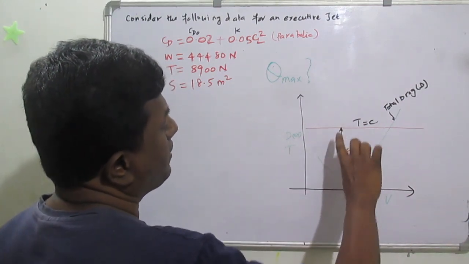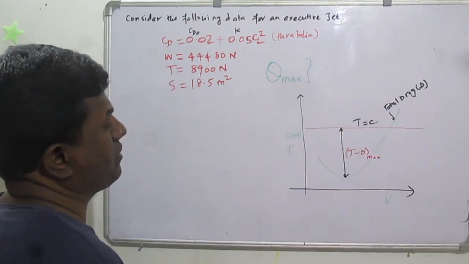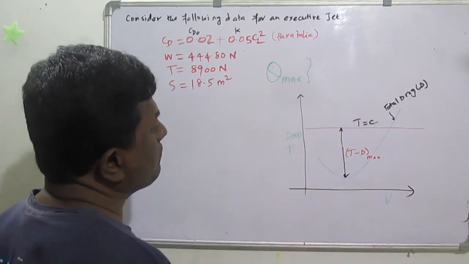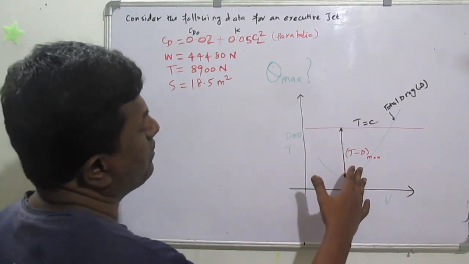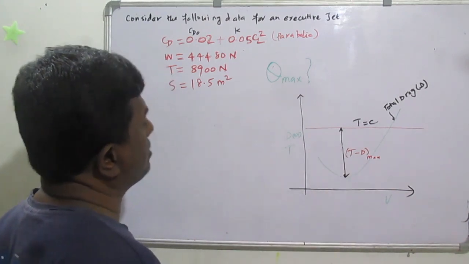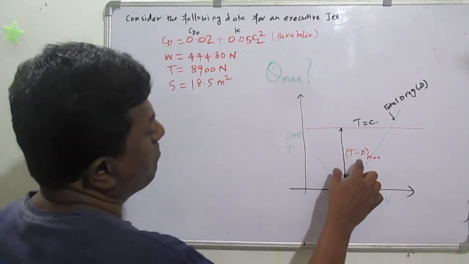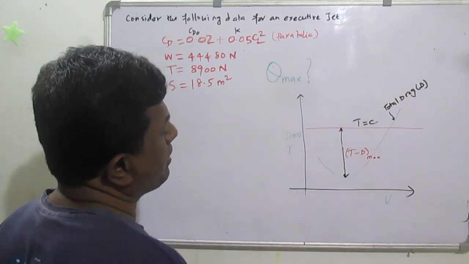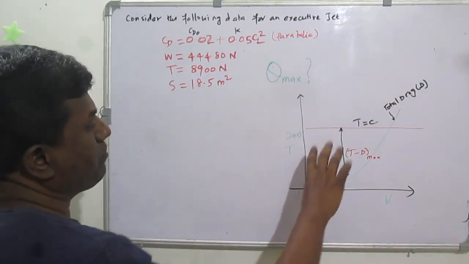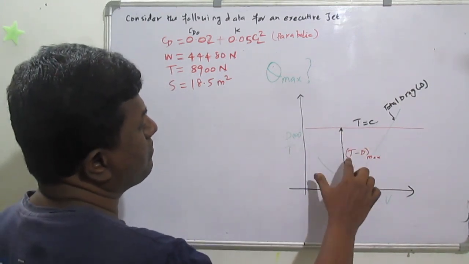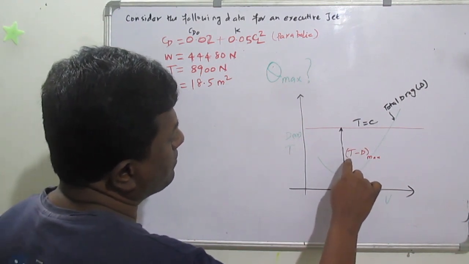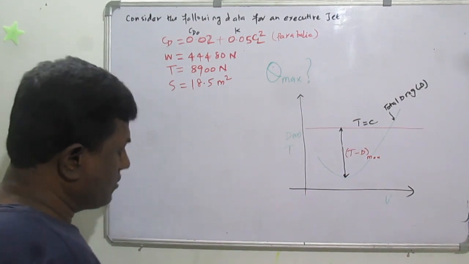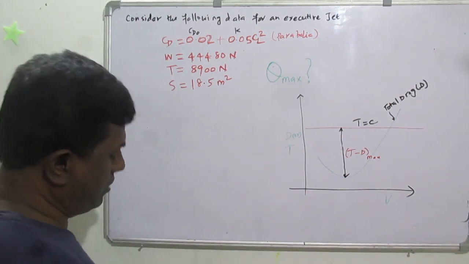That is the idea. So when the drag is minimum, that means under the minimum drag conditions, we can obtain this T minus D max. So when the thrust is constant, we can find out T minus D max by using the minimum drag conditions.